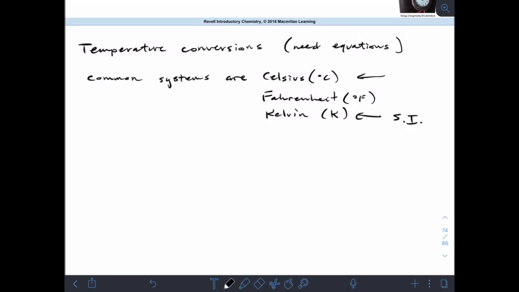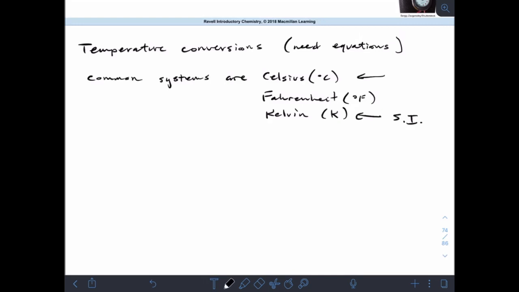The International Union of Pure and Applied Chemistry, which makes the acronym IUPAC, is the governing body of all things chemistry around the world, and they have decided that the standard unit for temperature is Kelvin. Other common ones are Celsius, and less common is Fahrenheit. Pretty much the United States is the main place where you'll find Fahrenheit temperatures.